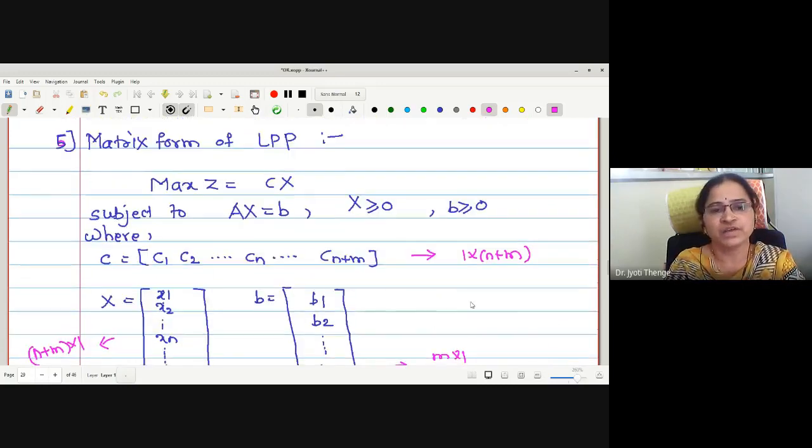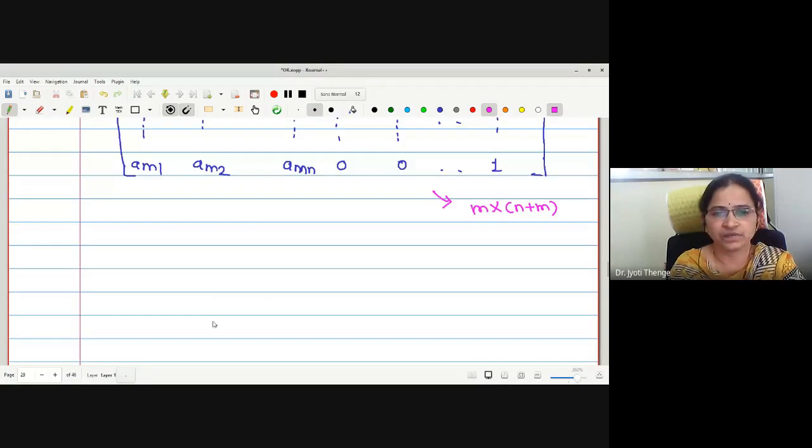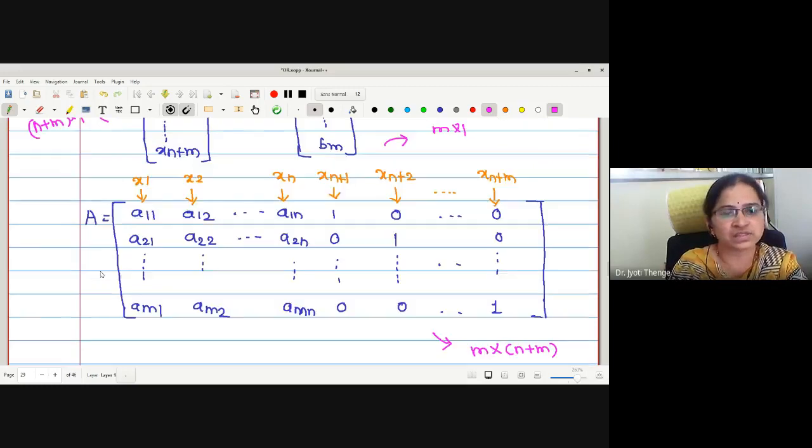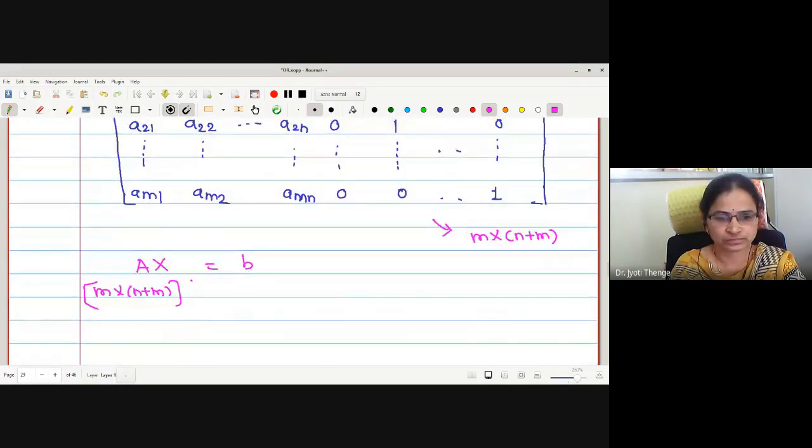Now you observe, if I take A into X equal to B, what is the order of A? This is m cross n plus m. What is the order of X? N plus m cross 1.